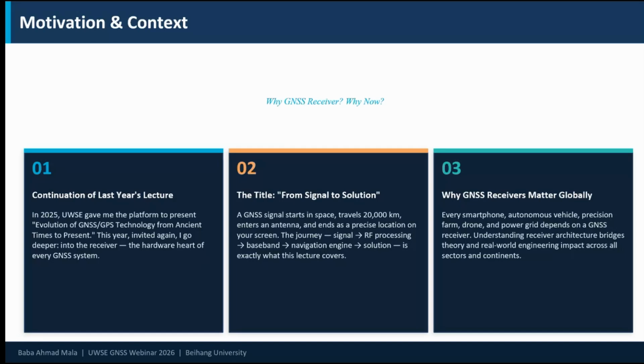It works within our phones, within autonomous vehicles. It works in farms, in drones, in power grids, everywhere there is a GNSS receiver. That was the motivation for choosing this topic. I would like to share what I have learned over the year and what I have drafted within the paper submitted for publication.